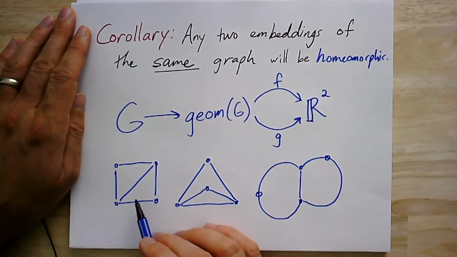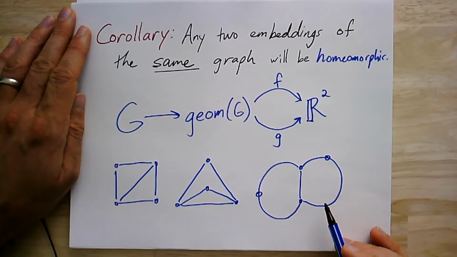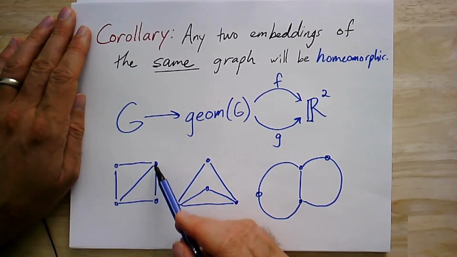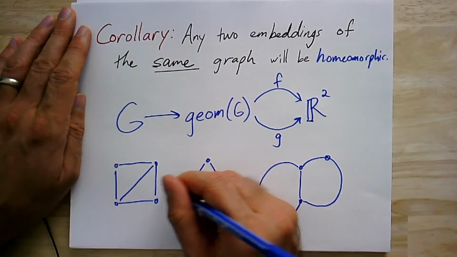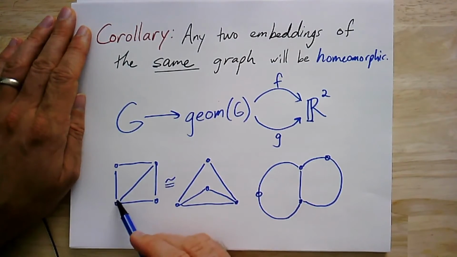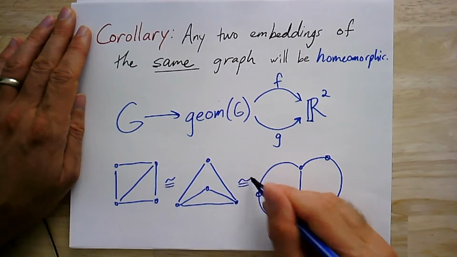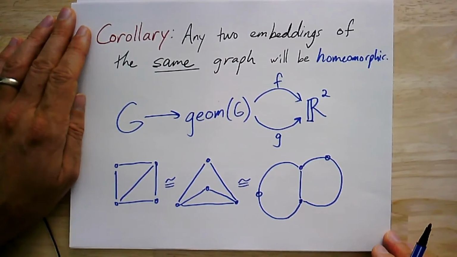So these are three different embeddings of the same graph into the plane. And so the subsets of points that I hit here are all homeomorphic. Again, ignore the little gaps I use just to highlight where the vertices are.